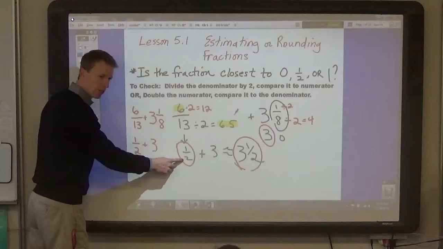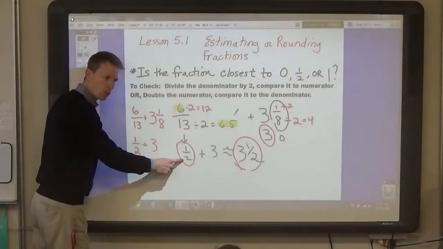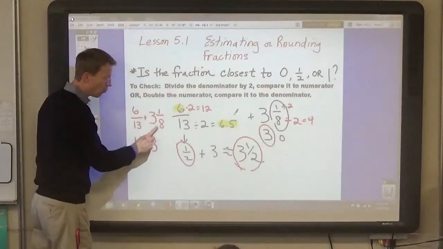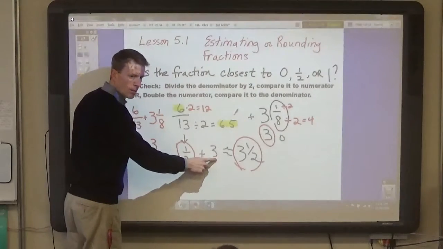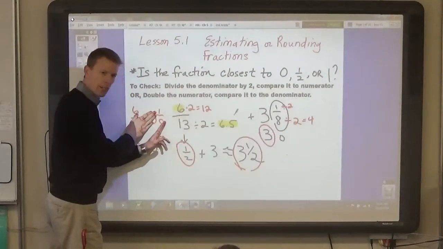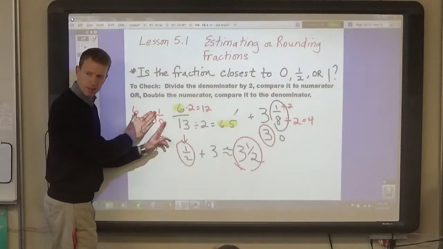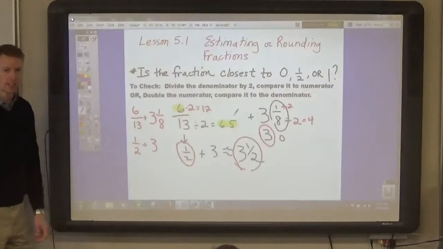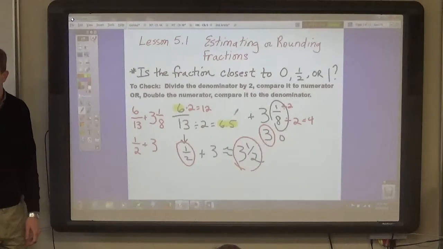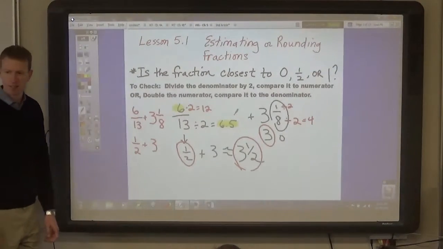6/13 again rounds to 1/2 because that's closest to 1/2. 3 1/8 would just round to 3 because the 1/8 being closest to 0. And so we get 3 1/2 as our best estimate. Does this make sense? Yeah.